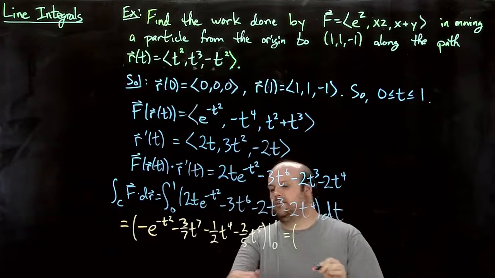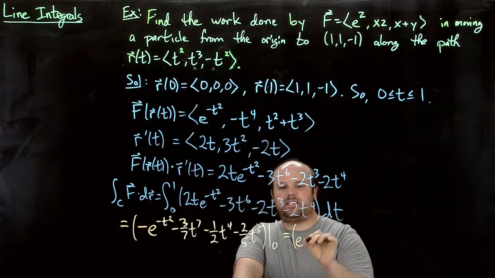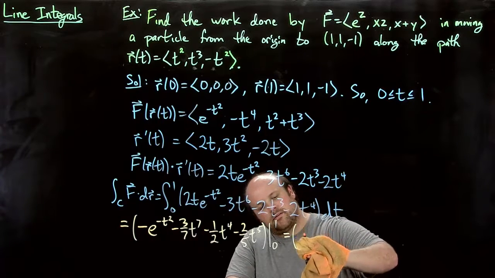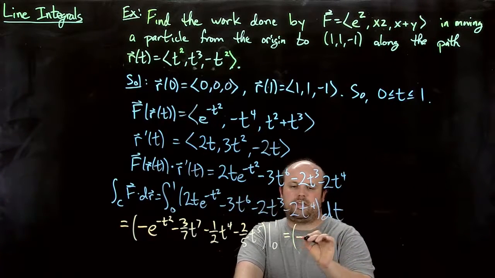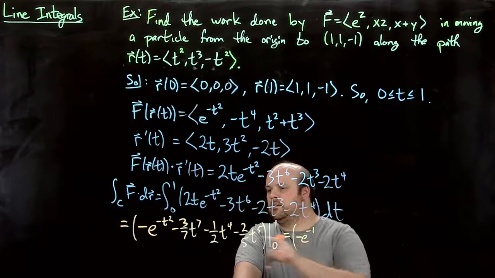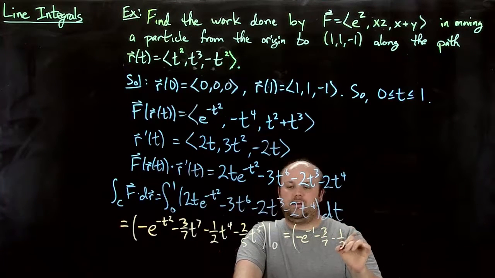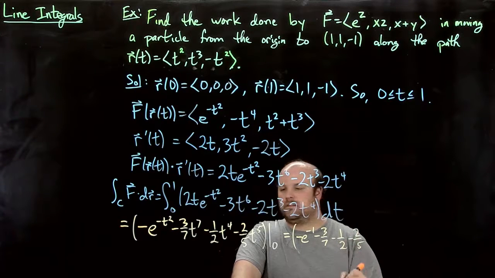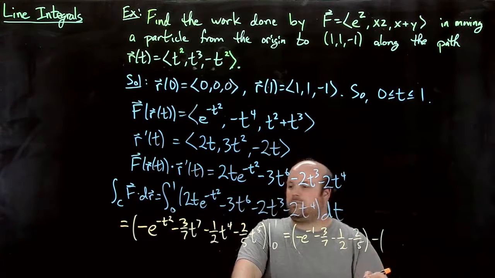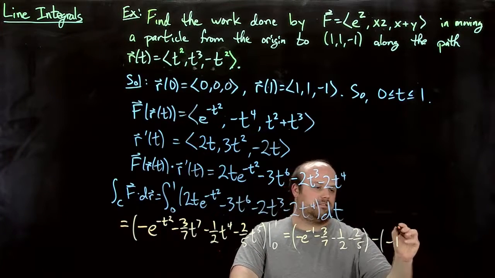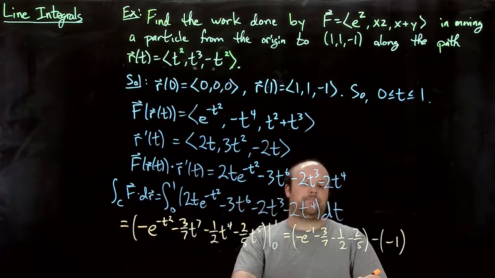So we get negative e to the minus 1, minus 3/7, minus 1/2, minus 2/5. Then we plug in the 0, and the only one that survives is this one, which is going to be minus 1.